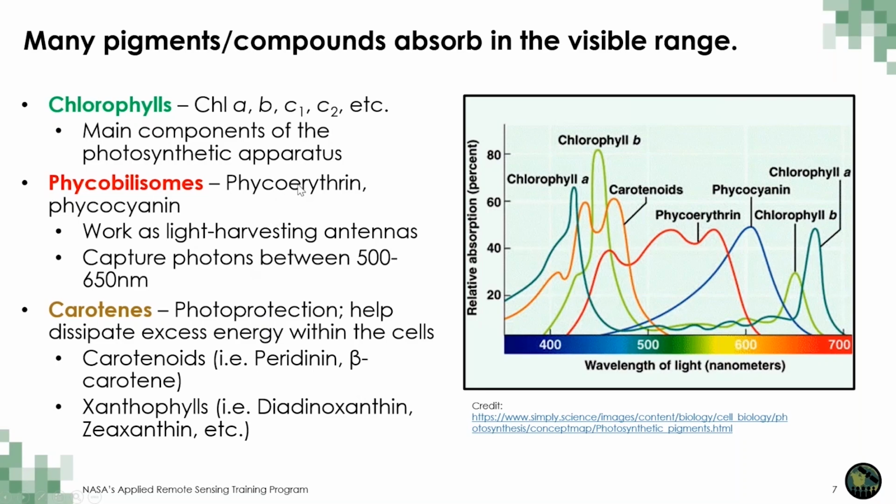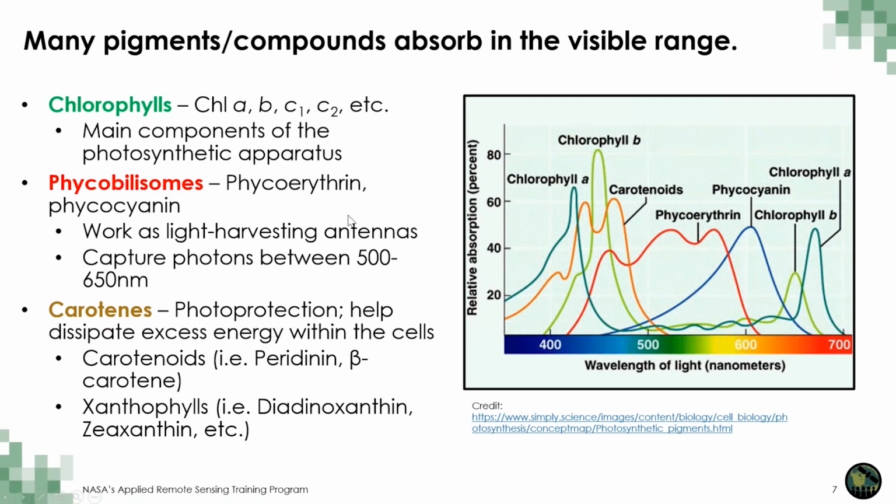Now, there are other pigments also associated with some photosynthetic organisms, and here are some examples of them. Phycobilisomes, for instance, absorb in completely different regions of the spectrum. Phycoerythrin is a pigment that is characteristic of red algae, and it absorbs from the blue, mid-blue, to about the yellowish or orange part of the spectrum.